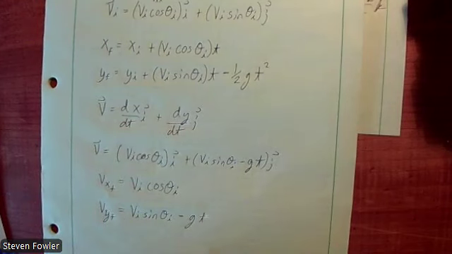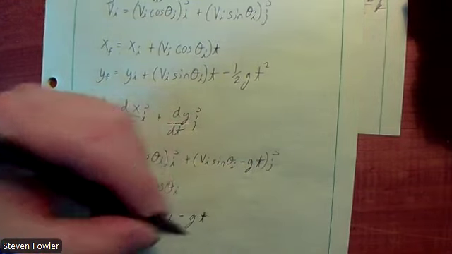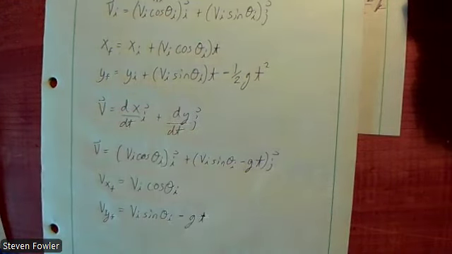So minus gt. I've just taken this. And so this is the y direction velocity at any given time. This is the x direction velocity at any given time. It does not change, assuming we neglect air resistance. And as we've discussed, that's for engineers, it's a junior level class to look at fluid mechanics, where we talk about drag forces. I don't know about other majors, but at any rate.